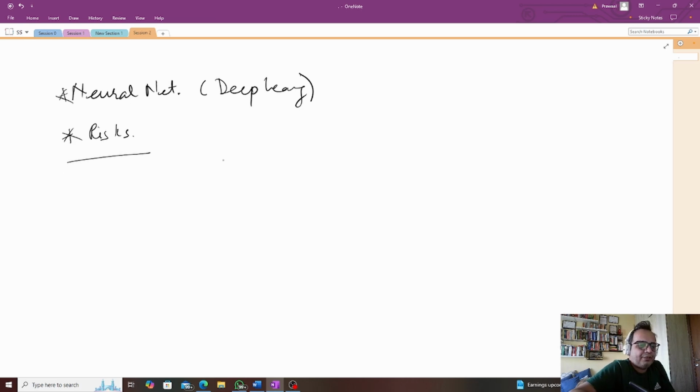So the genesis of neural networks is that our brain contains neurons. Okay, and the way the human brain processes information is that we consume information from a variety of our senses, whether it is from our eyes or from our ears, visual information, audio information, etc., and the other sensory organs.